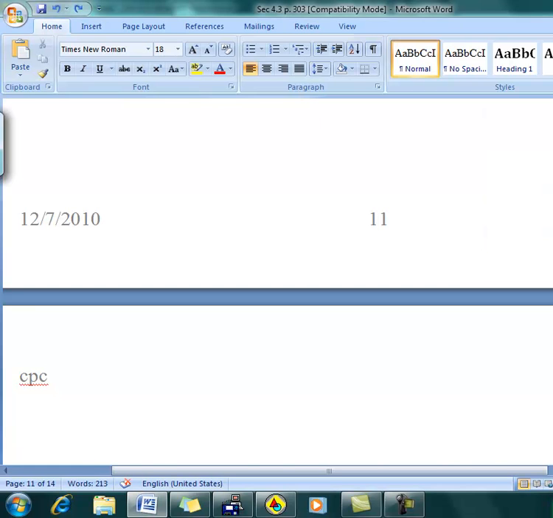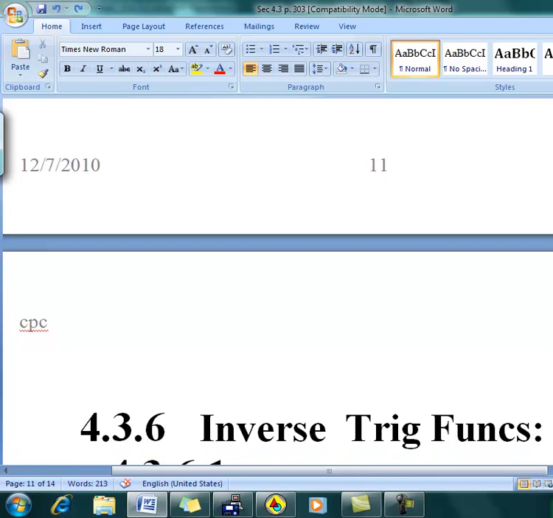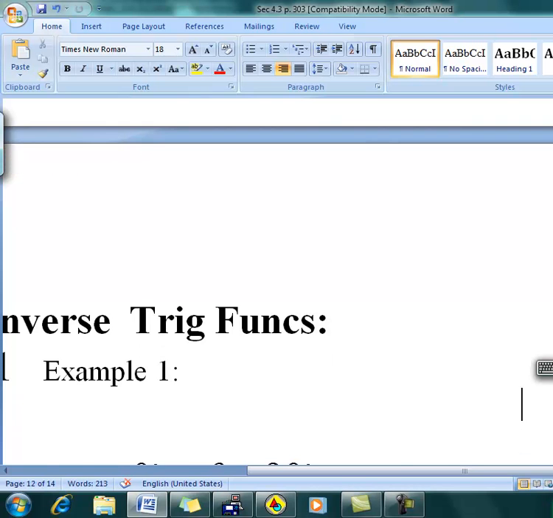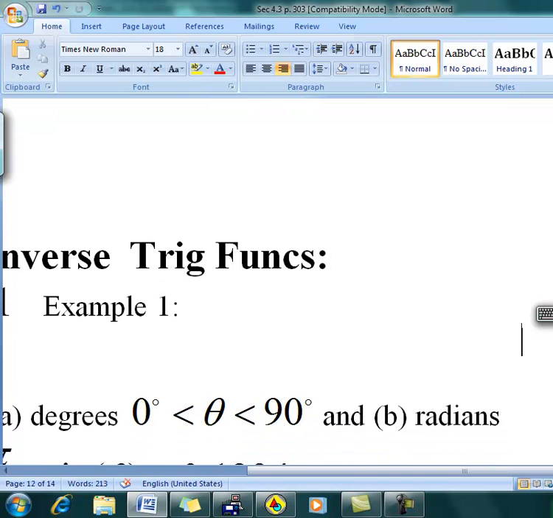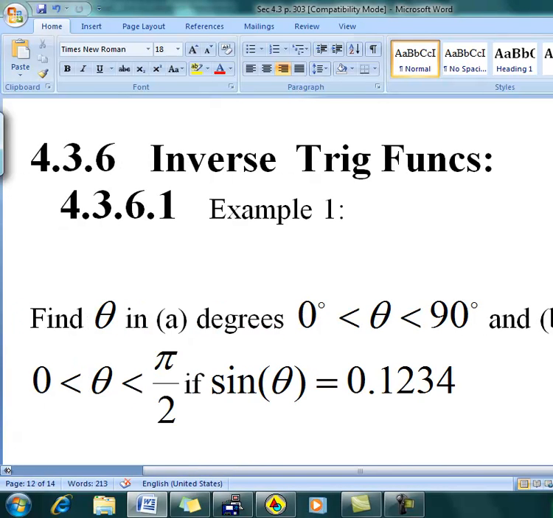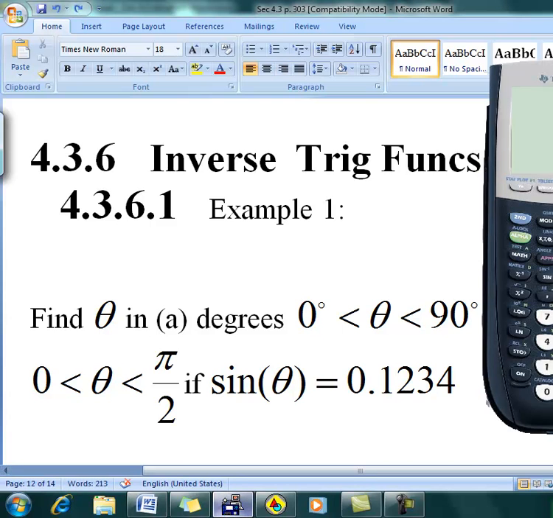Okay, there we are. Okay, so what I want to do is, given that the number is 0.1234, what is the angle in degrees and also in radians?